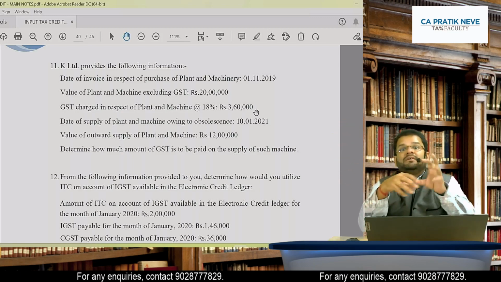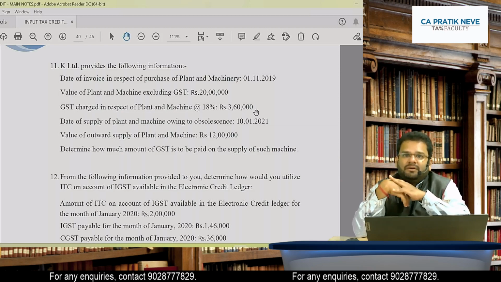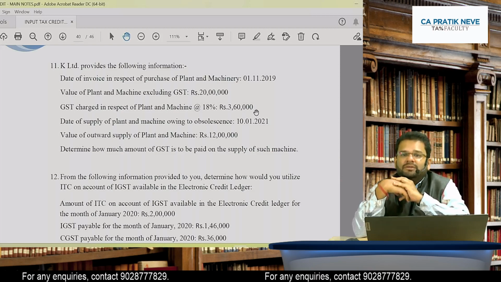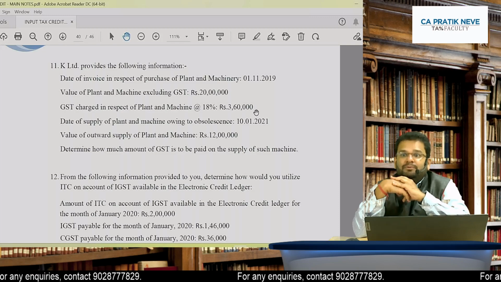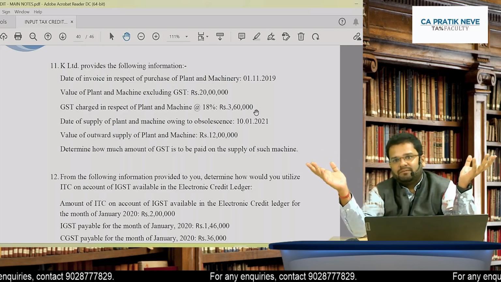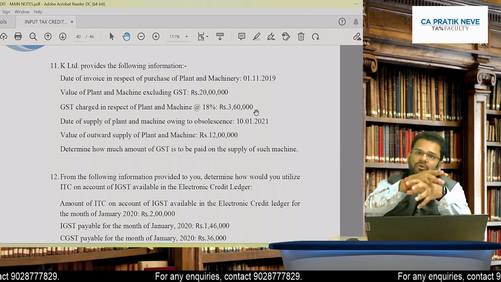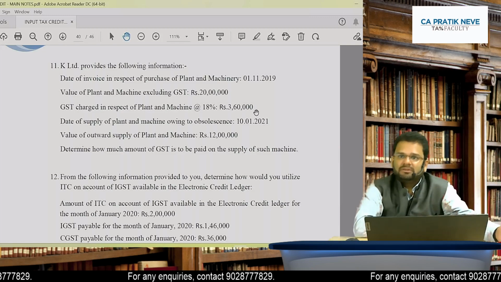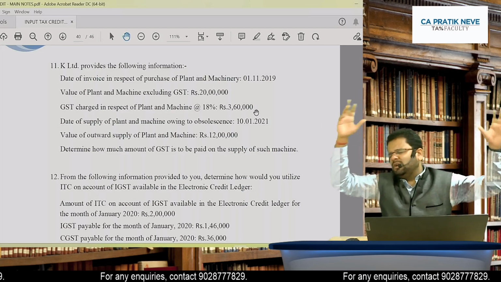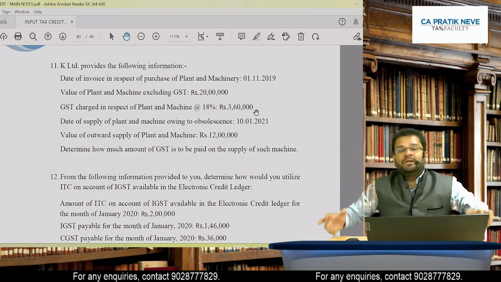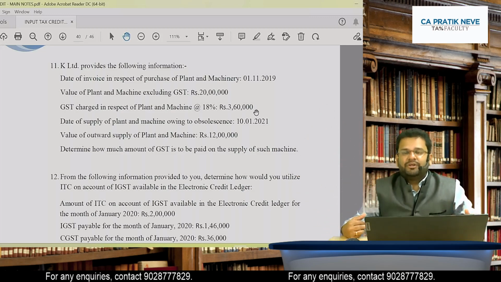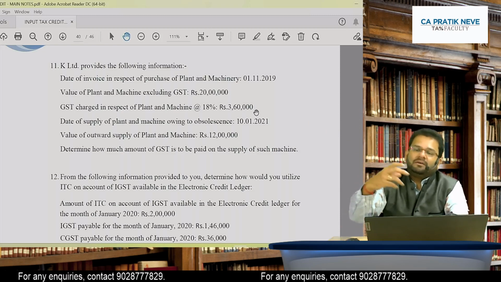Revision batch is very relative. If you are sitting with zero knowledge, then probably you will find it very tough. If you are sitting with some knowledge, you will get motivated to study further. If you are sitting with full knowledge, you will get the confidence. So it all depends on what level you are at when listening to this batch.